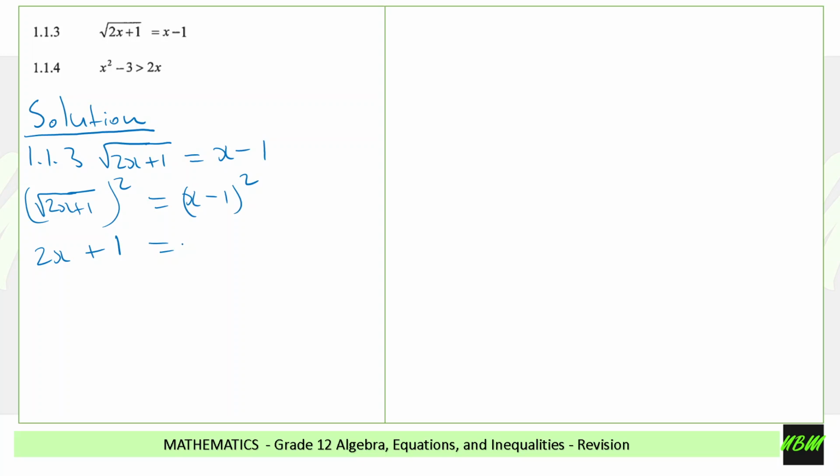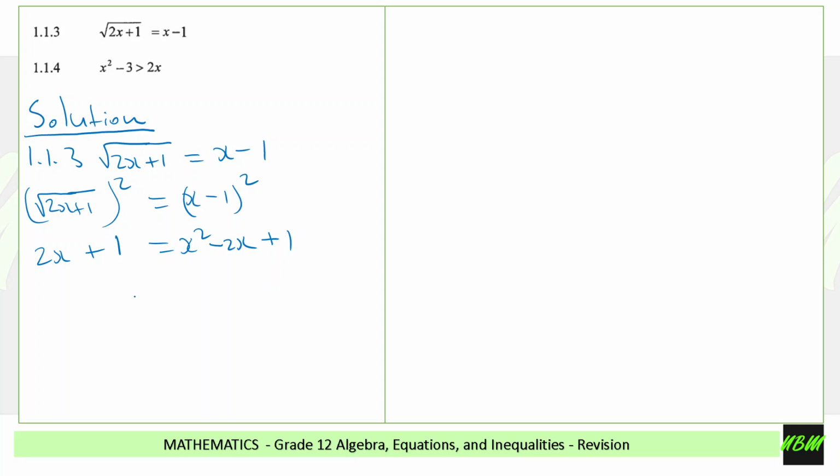We'll have x times x, x squared, then x multiplied by minus 1, minus x, twice, minus 2x, and then negative 1 times negative 1, positive 1.